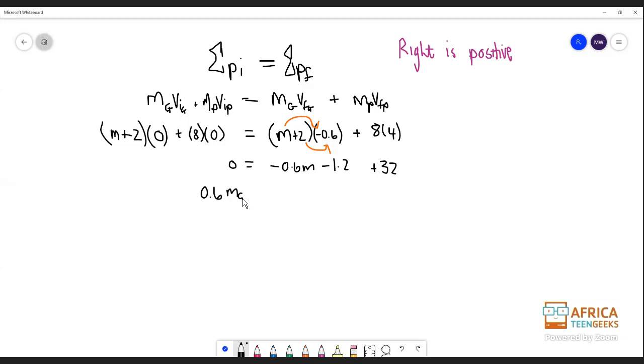That's 0.6 m is equal to 30.8 because you've got negative 1.2 plus 32. And if I divide both sides by 0.6, I get a value of 51.33 kgs.